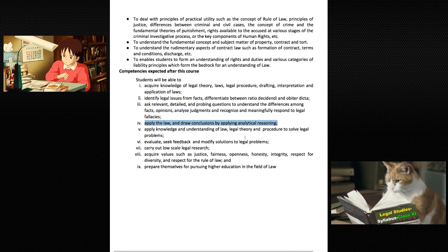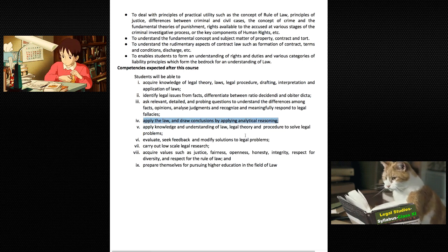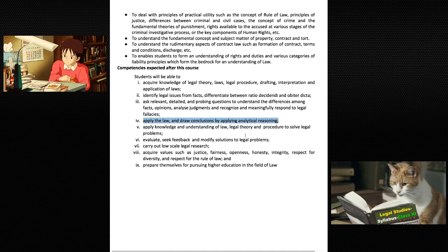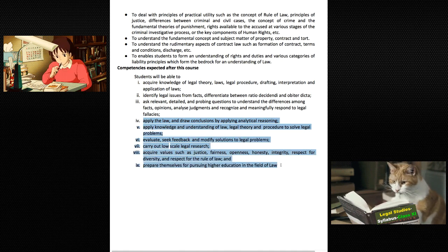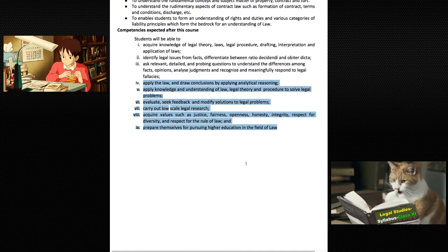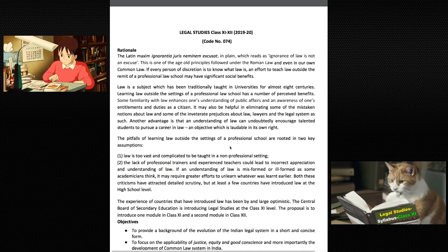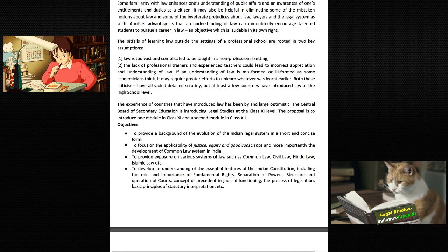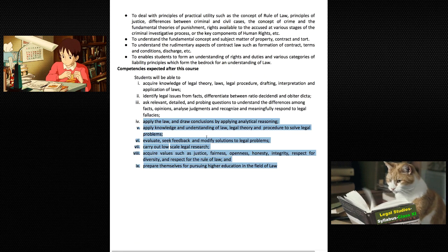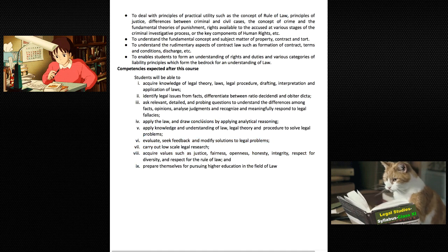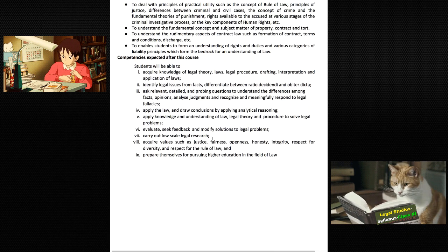So the purpose is, once you know the law and have an understanding of the things, then you can apply the relevant law. These are the important points that you can read yourself. There is nothing to discuss, but I wanted to draw your attention to this page as well. It has some purpose, so please go through it.